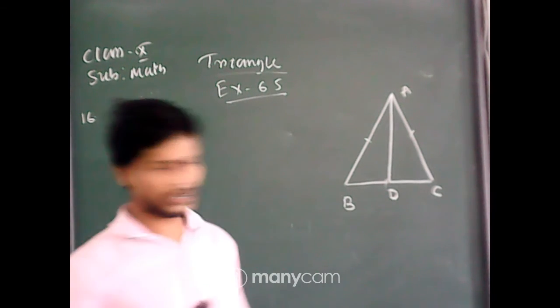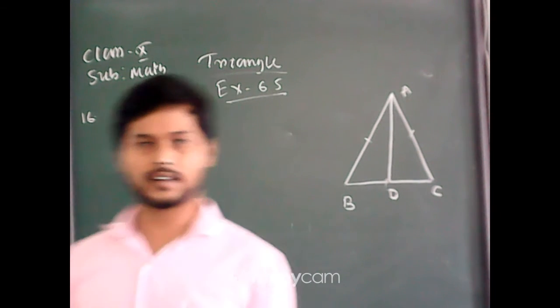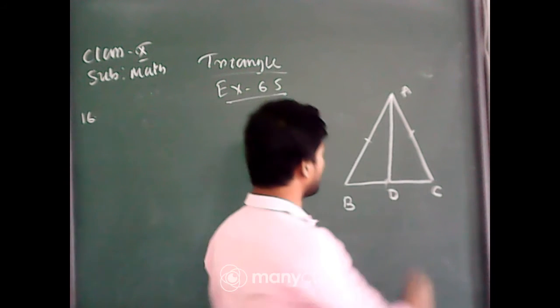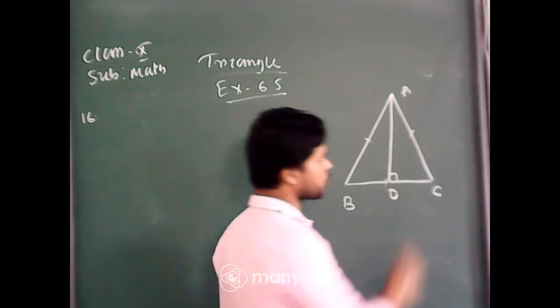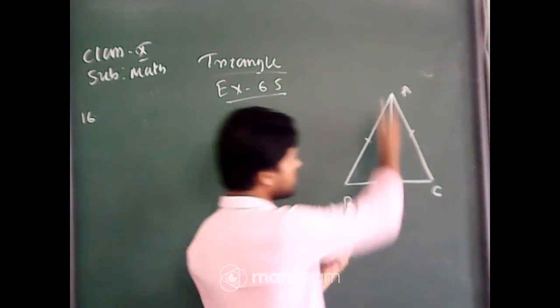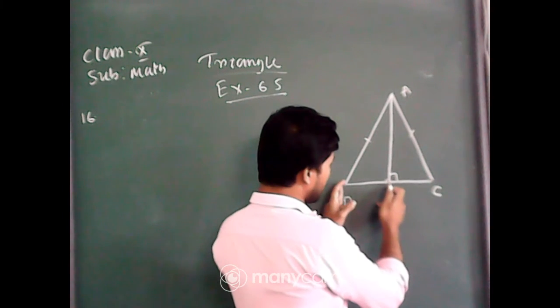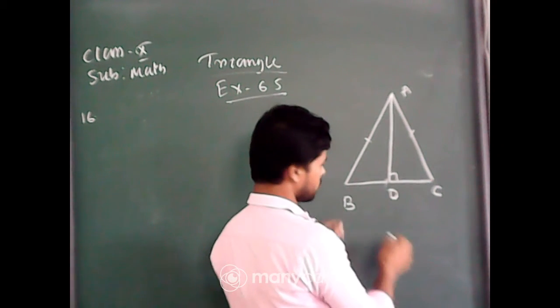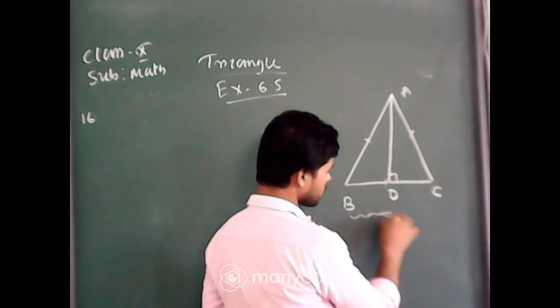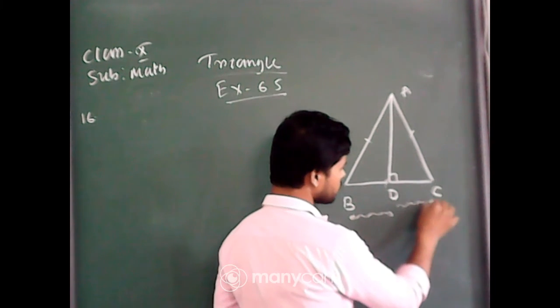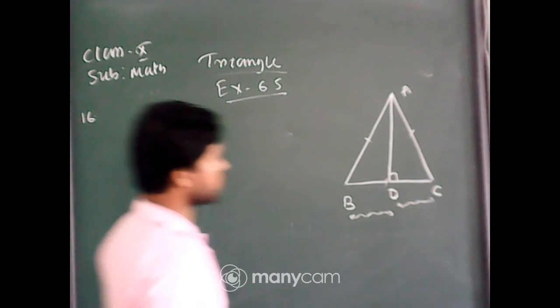Now look, we know that in an equilateral triangle, if I draw a perpendicular line from one vertex to the opposite base, this perpendicular line will bisect the base, meaning the length of BD will be equal to the length of CD. Clear?